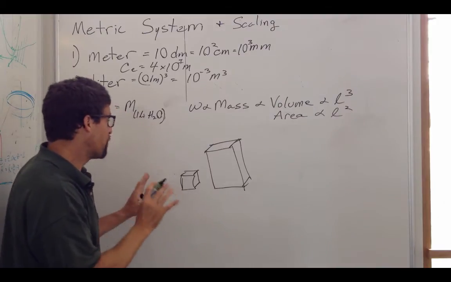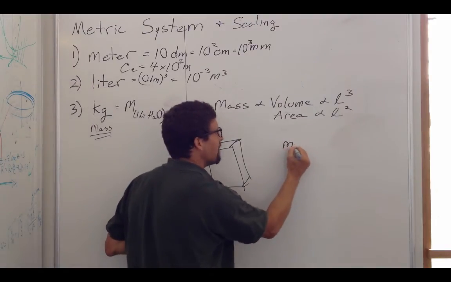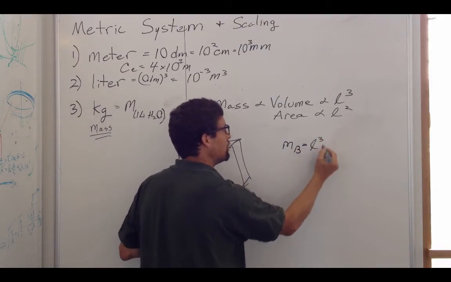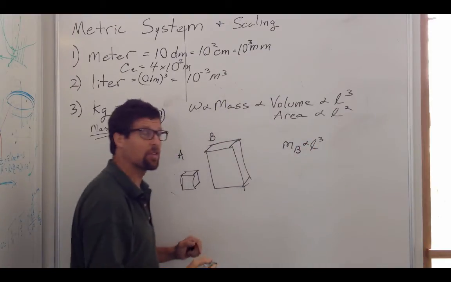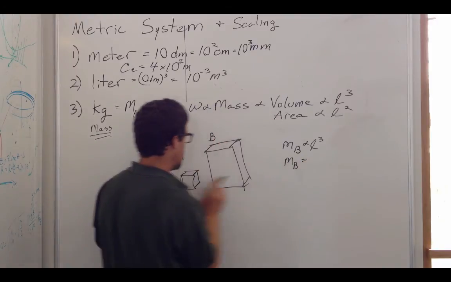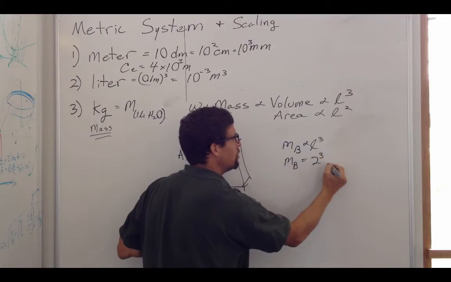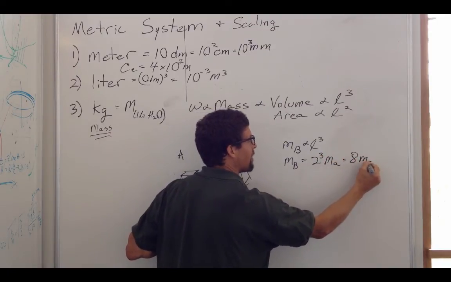Okay, so it's pretty clear that the mass of B is proportional to the length cubed, so the mass of B is equal to 2 times 2 times 2, 2 cubed times the mass of A, or 8 times the mass of A.